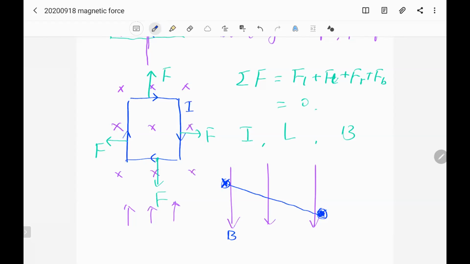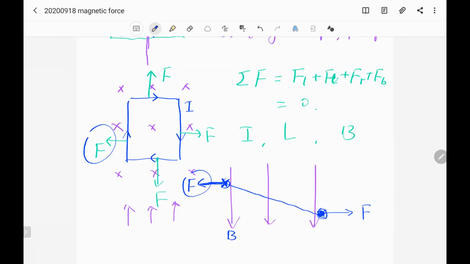So the current on the left goes in, then the cross product gives a force, and the force is on the left. The same thing here, the force is on the left. And on the right side, the force goes right.